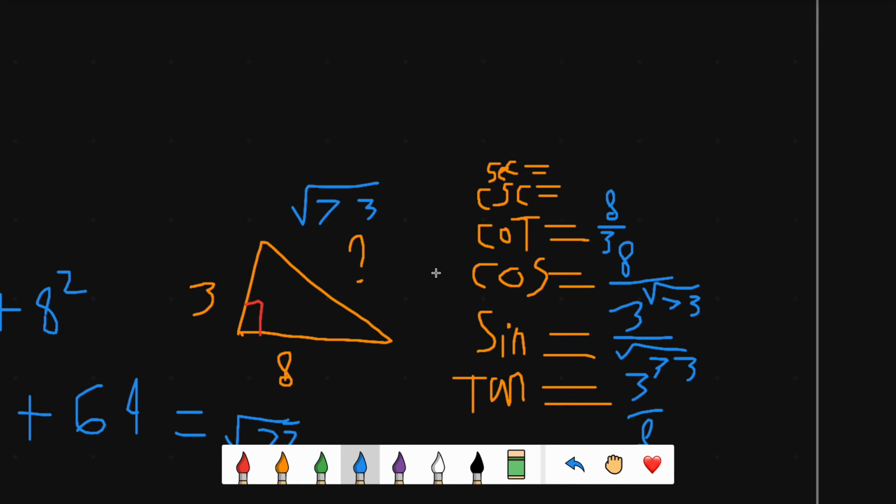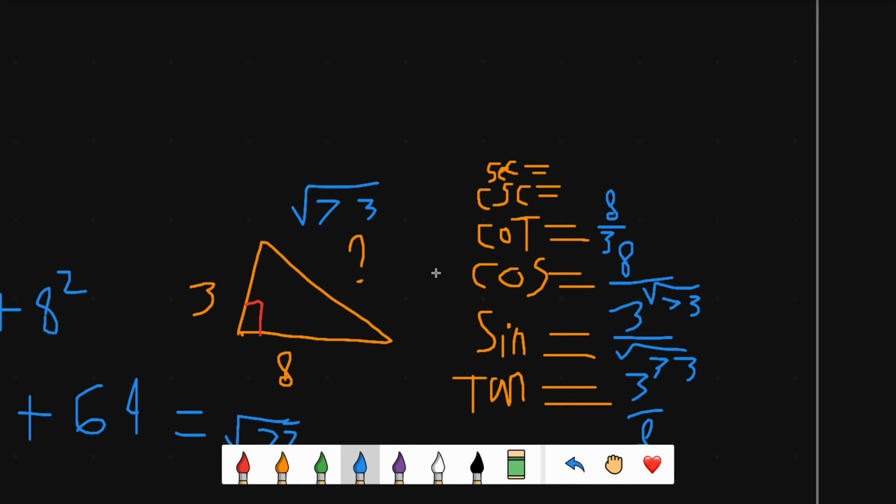Cosecant is the reciprocal of sine, which would be the square root of 73 over 3. Secant is the reciprocal of cosine, so it will be the square root of 73 over 8.